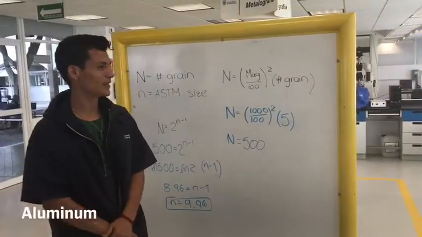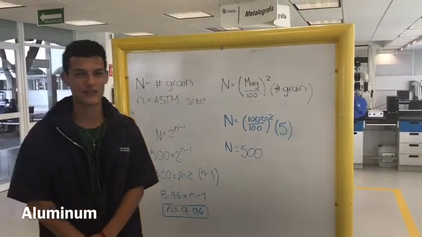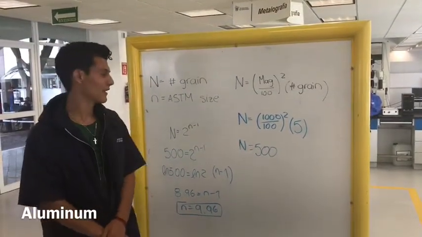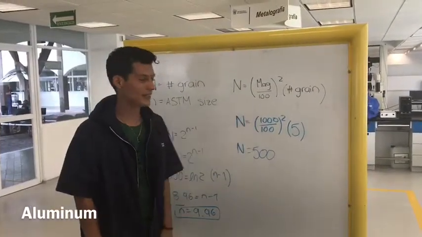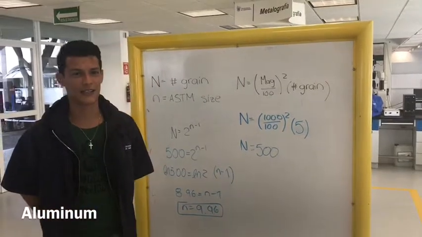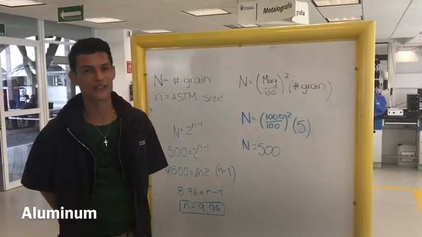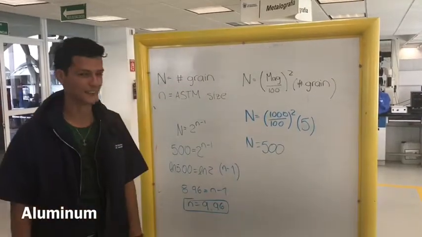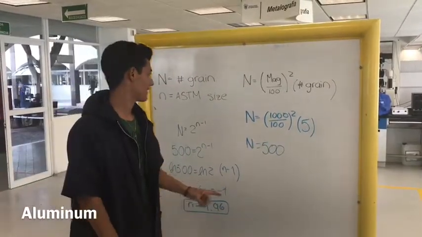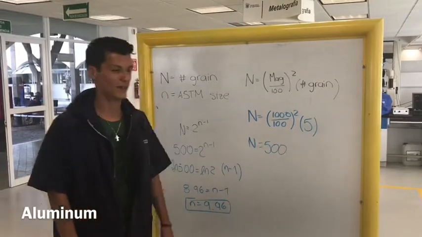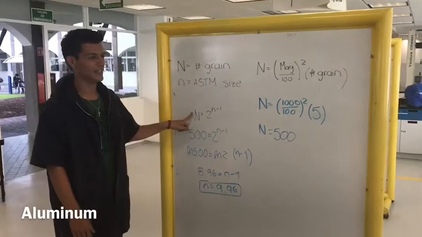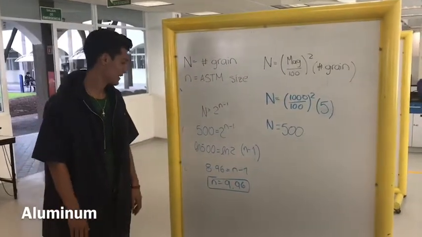For this example, we are using the image of the steel. We use a zoom of 1,000 times. This is how we use it here. In the photo, we count approximately 5 grains. After the operation, we obtain that the number of grains is 500. Then we have to use this formula as I said before.